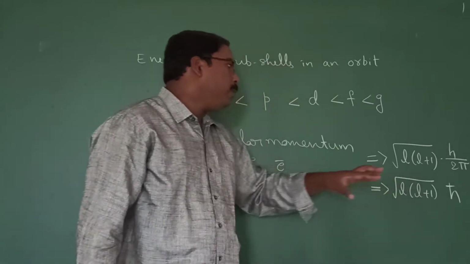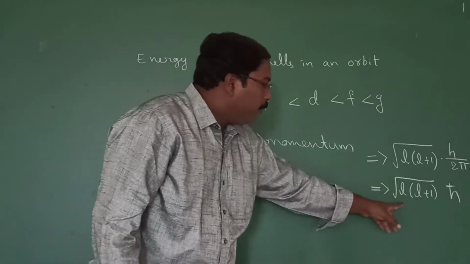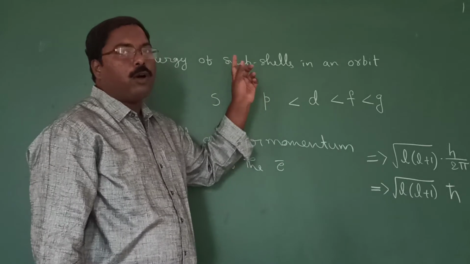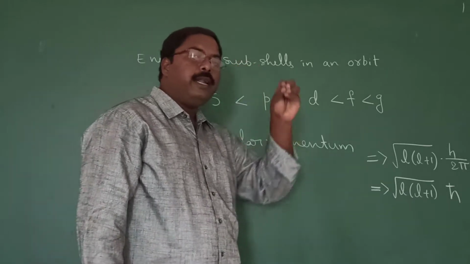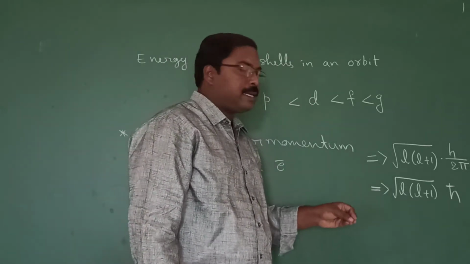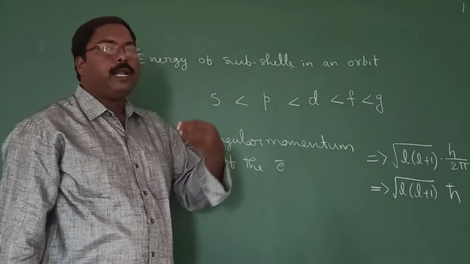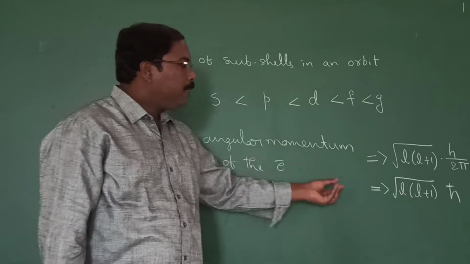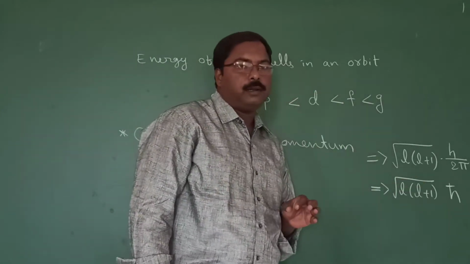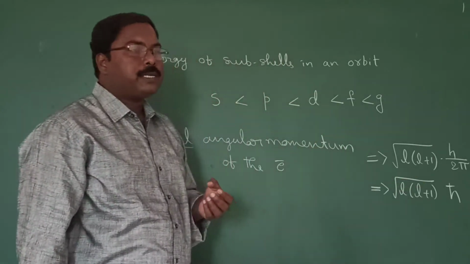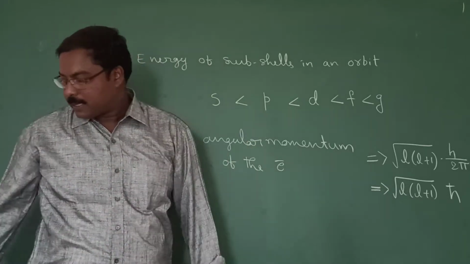So note down both of these. Where L means the azimuthal quantum number. The values of L for different subshells we discussed yesterday. If they ask you to find the orbital angular momentum for a particular orbital, we have to substitute the respective L value. Okay? For understanding purposes, let us discuss one example.